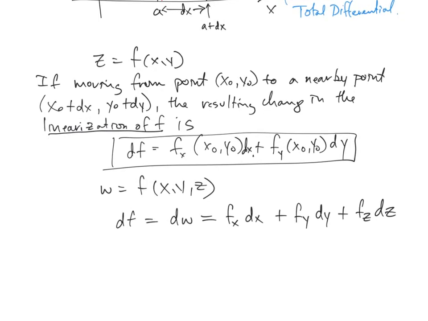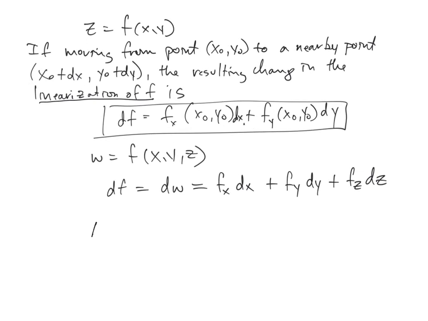Okay, so really what we should write then is how much our actual function changes is an approximation, so we don't use the equal signs, we say approximately equal to the value of the partial derivative with respect to x times some change in x plus the partial derivative with respect to y times some change in y plus the partial derivative with respect to z times some change in z.